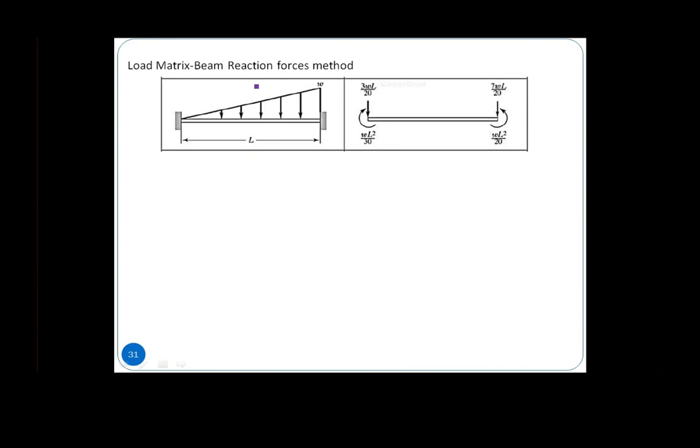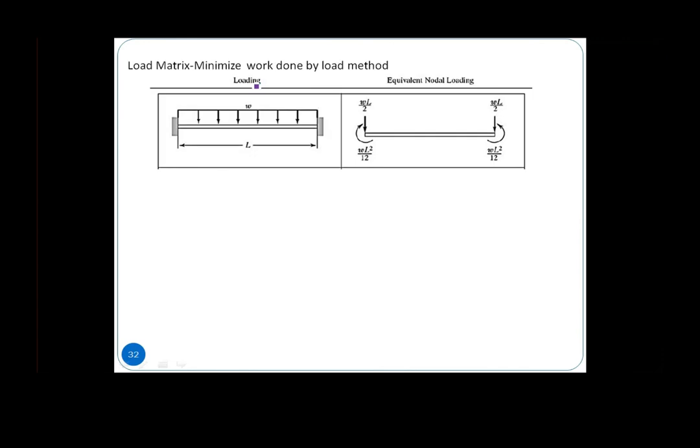So if you have this, minimize work done, we know that our F is equal to the integral from 0 to L. You still remember we have this summation of Fu is our work done by the external load, right?